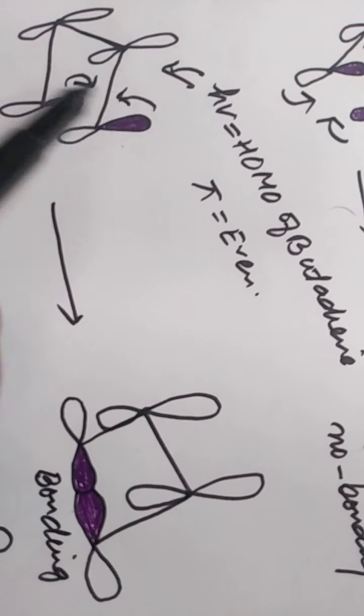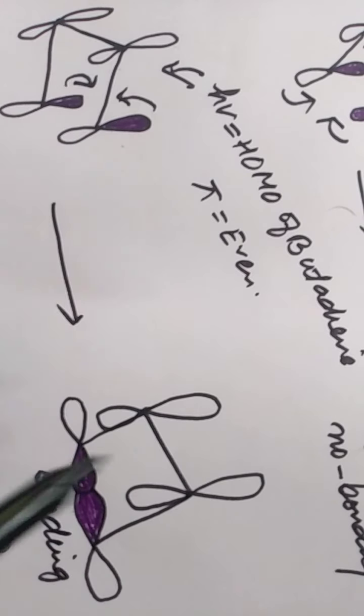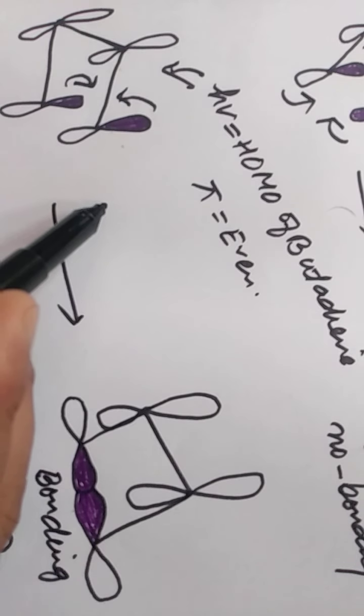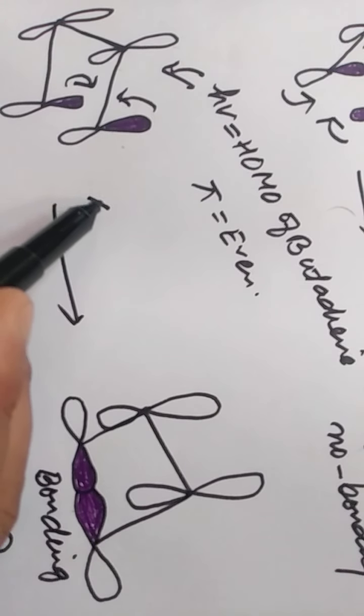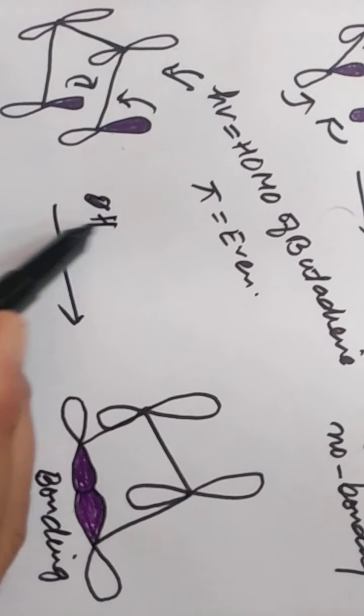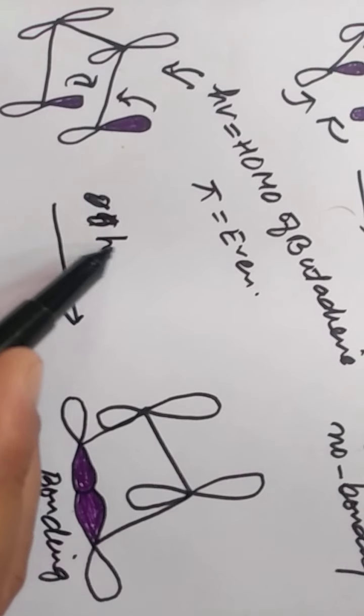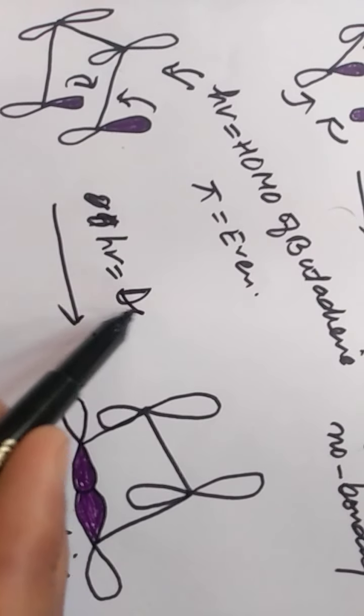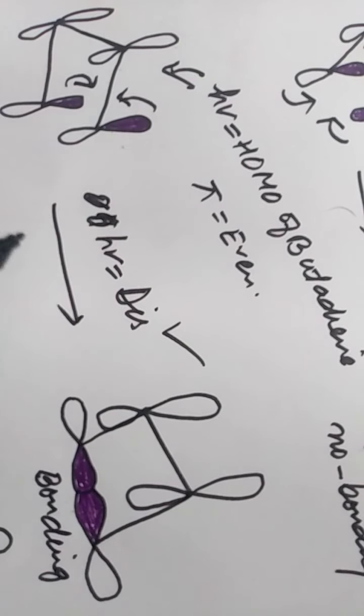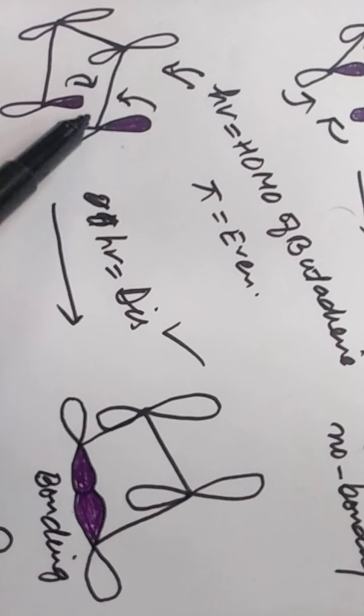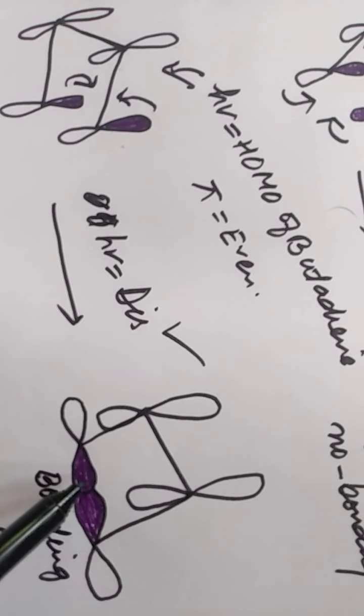If these two bonds rotate disrotatory, then we have this type of bonding interaction. So why is the photochemical disrotatory reaction there? This is the answer: because if we rotate these bonds, we get a bonding interaction.